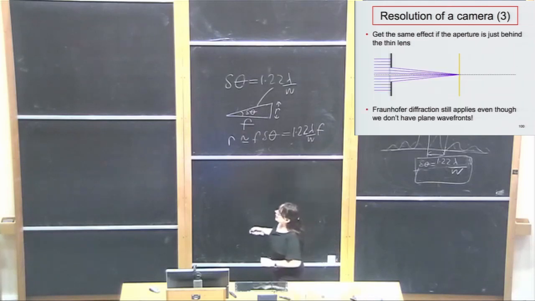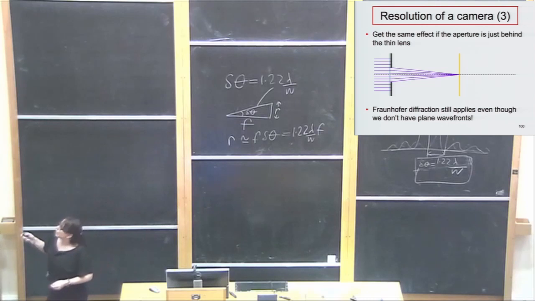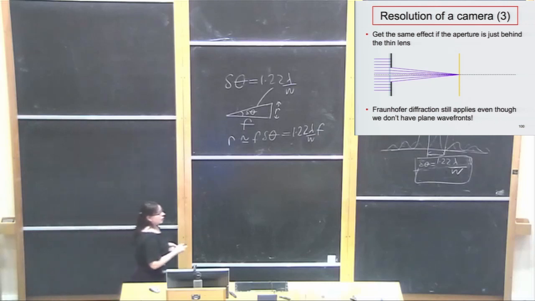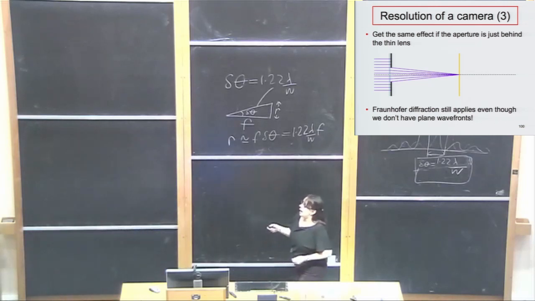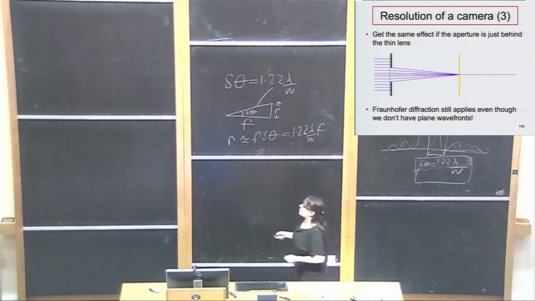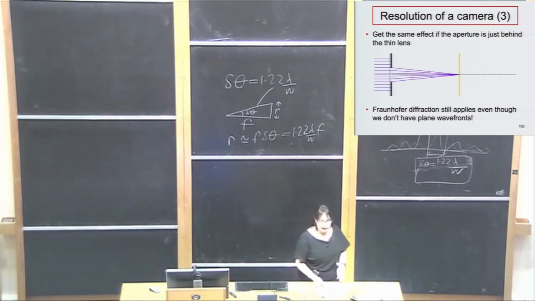And the reason I'm pointing that out is because this is actually an example of where you don't strictly have plane waves anymore, because I've drawn it so that the waves are passing through the lens first, right? The lens will start to focus those rays, and then they're passing through the aperture, albeit that everything kind of here is in the same place because they're thin. But this is an example of where you don't have plane waves, but you do still get Fraunhofer diffraction.